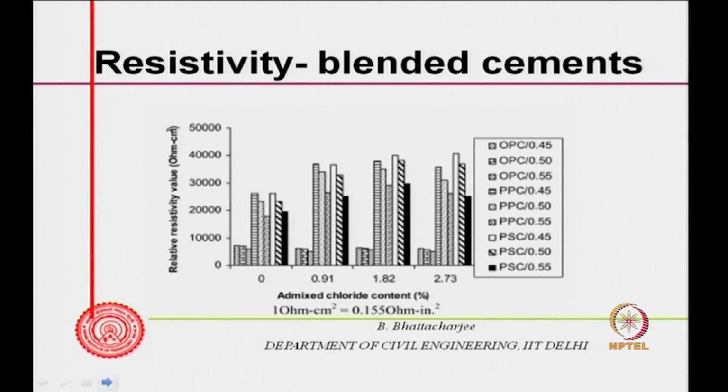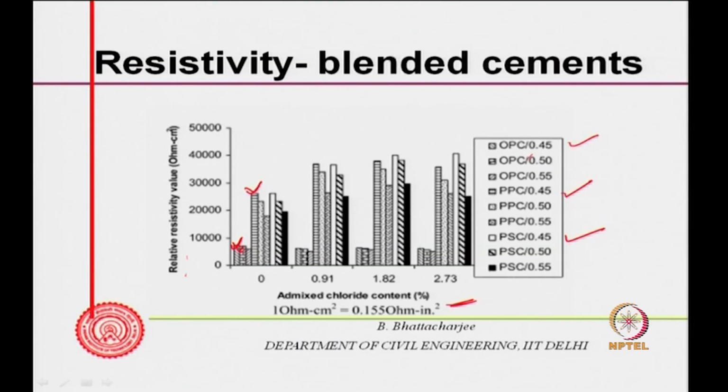You see, this is a diagram showing OPC, Portland pozzolana cement and Portland slag cement. This is a kind of relative resistivity, and you can see the least is for OPC. Next one is for different water cement ratios or for admixed chloride.